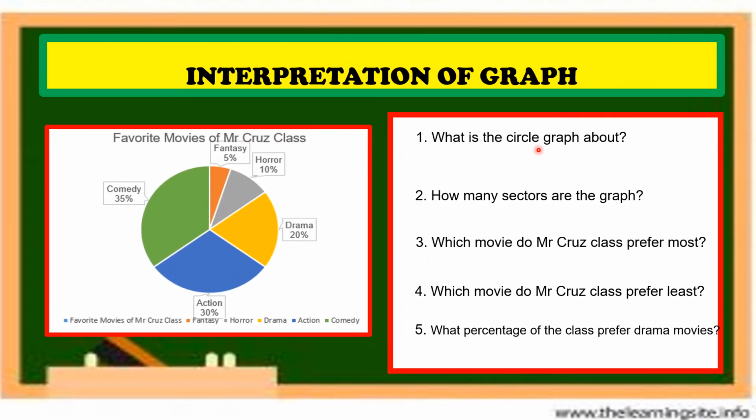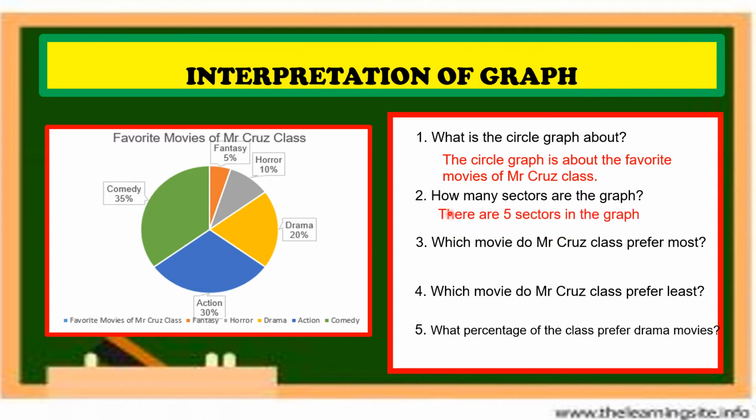What is the circle graph about? The circle graph is about the favorite movies of Mr. Clue's class. Number 2, how many sectors are in the graph? There are 5 sectors in the graph. Number 3, which movie does Mr. Clue's class prefer most?